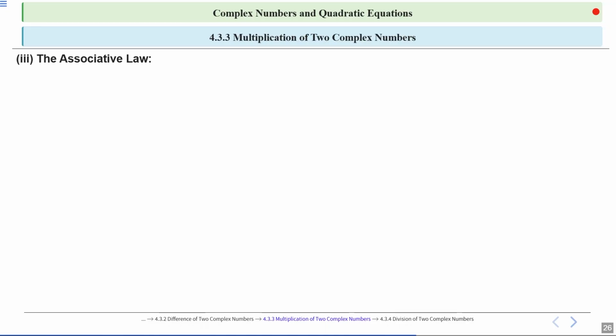Now we will discuss the associative law. For any three complex numbers z1, z2 and z3, z1 times z2 then multiplied by z3 equals z1 multiplied with z2 times z3.